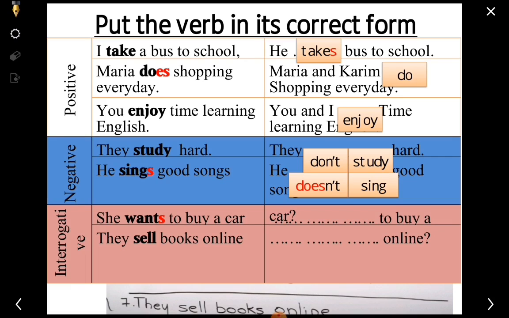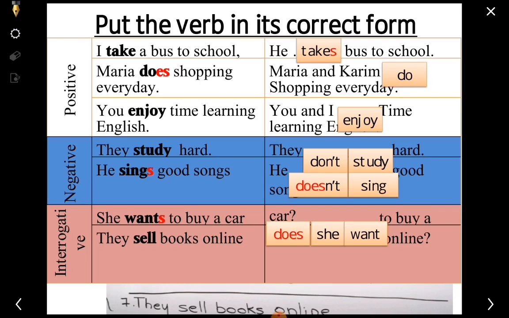Interrogative form or the question form, we have she wants to buy a car. So how can I change it to an interrogative form? So I would say, yes, sorry for the typing mistakes. So, yes, does she, we have here, does, yes, she want to buy a car?